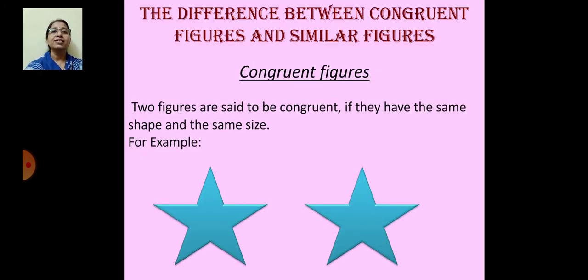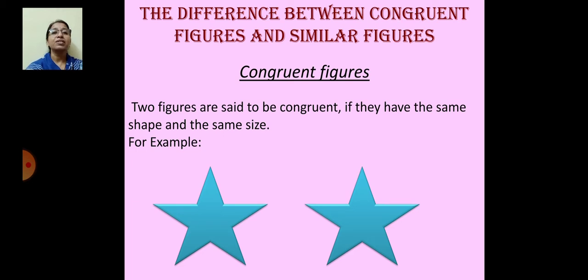Now students, in 9th standard you have learned in detail the congruence of triangles, the tests of congruence. So today let us find out the difference between congruent figures and similar figures, right? Two figures are said to be congruent if they have the same shape and the same size.